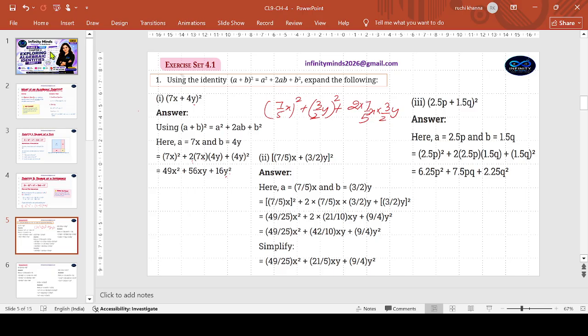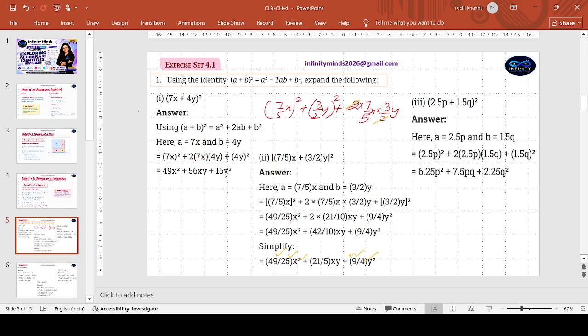Try and see how we will be doing this. So the 2 shall cancel with the 2, and in case anything else could have cancelled. 7 into 7 is 49, 5 into 5 is 25, x will become x square. 3 into 3 is 9, 2 into 2 is 4.